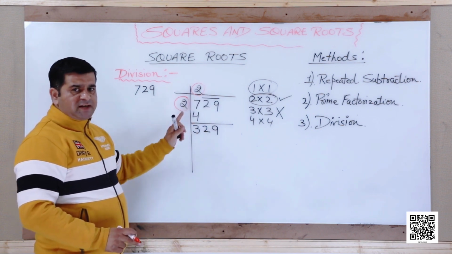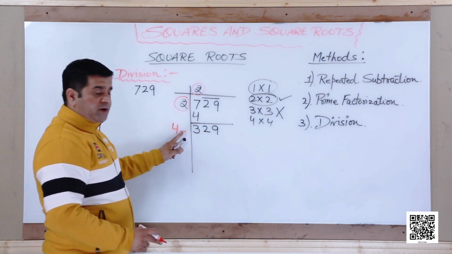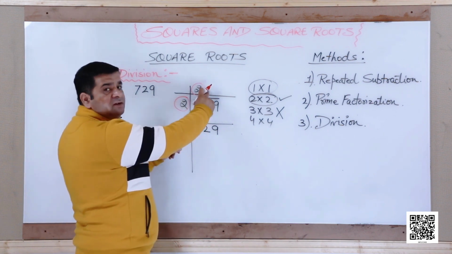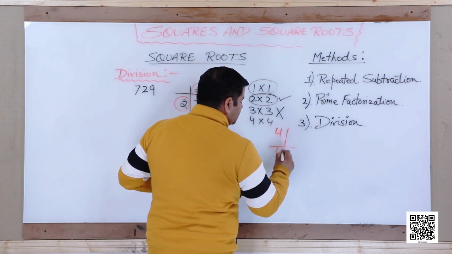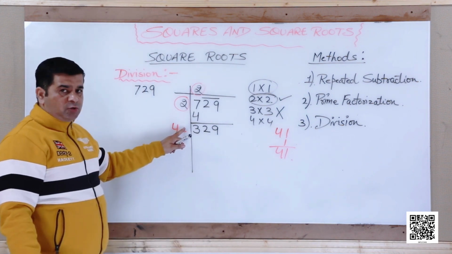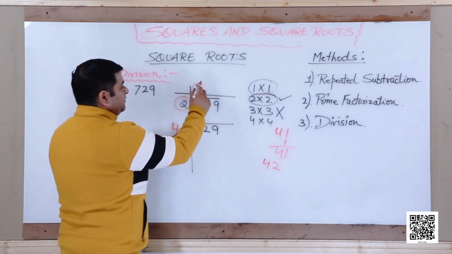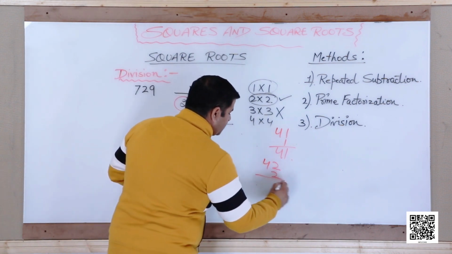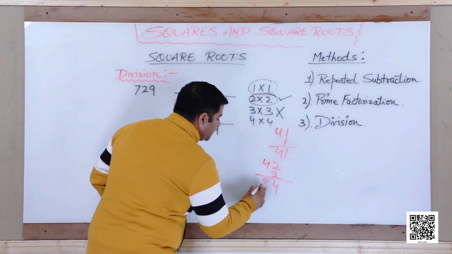For example, suppose we take 1. So it will become 4 and 1, 41, and here it will be 1. So 41 times 1 is 41. Suppose we take the digit 2. So it will become 42, and here we will write 2. So 2 times 2 is 4, and 2 times 4 is 8.